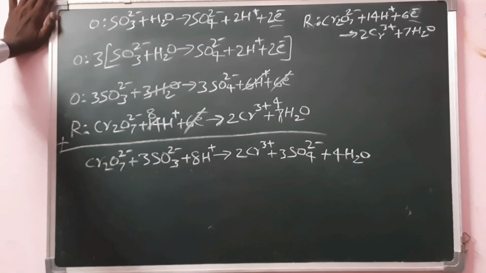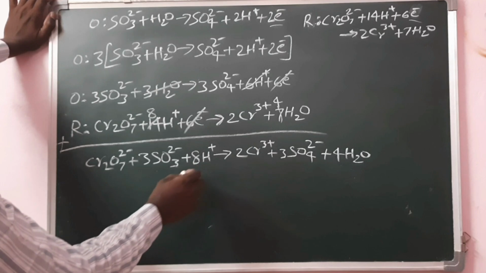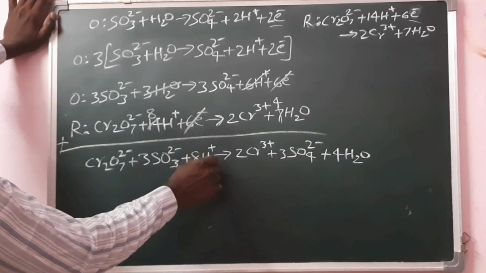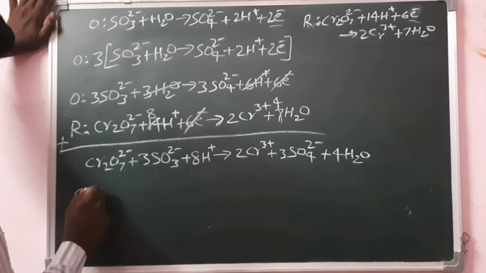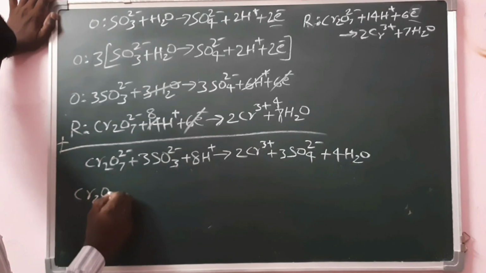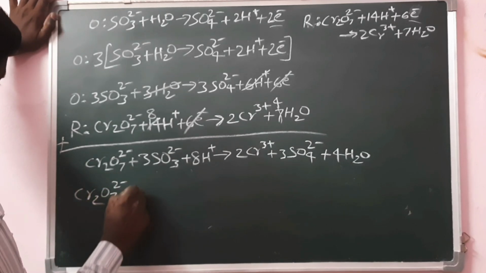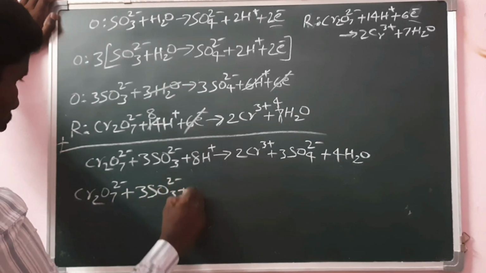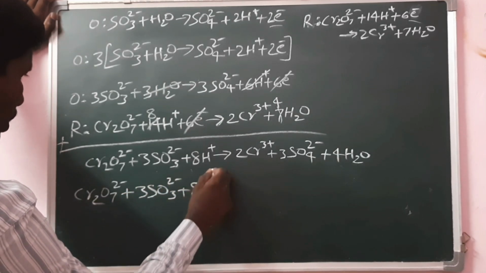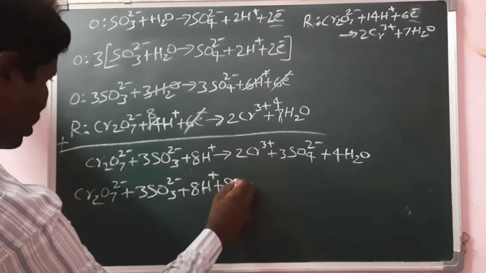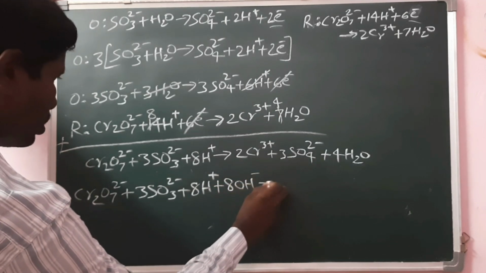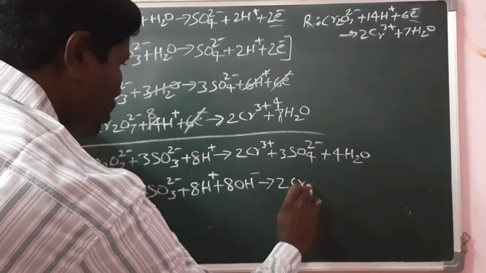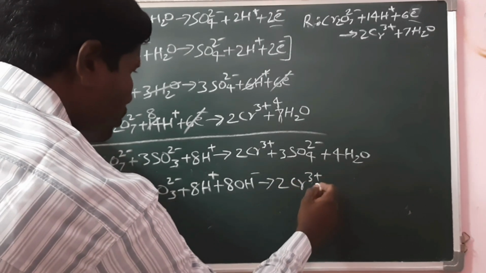For a reaction in a basic medium, add one OH minus ion for every H plus ion present in the equation. So here 8 H plus ions are present. So now we can add 8 OH minus ions on both sides.